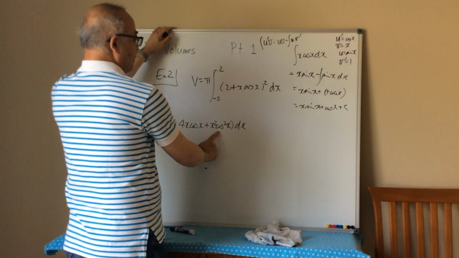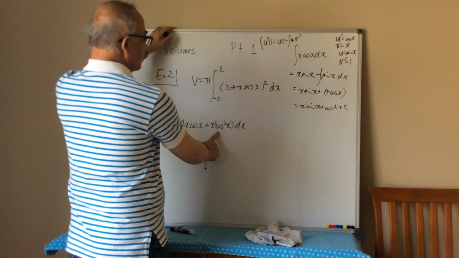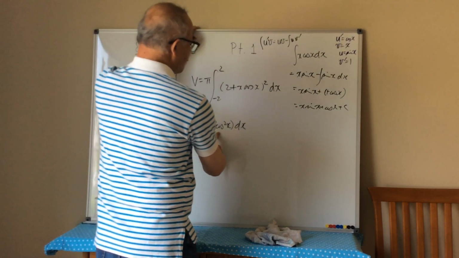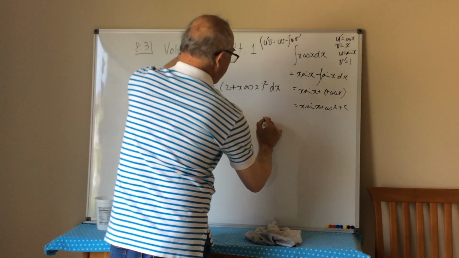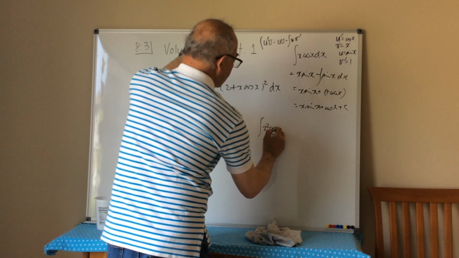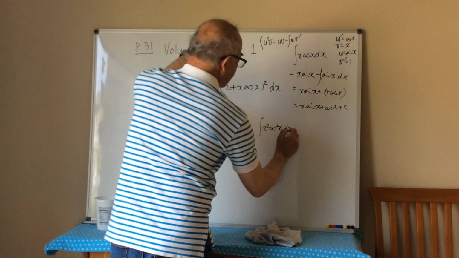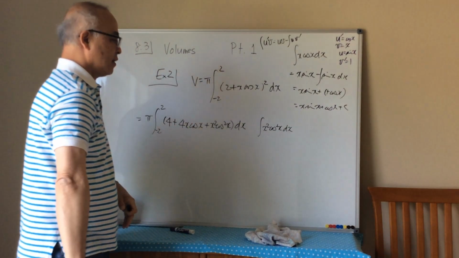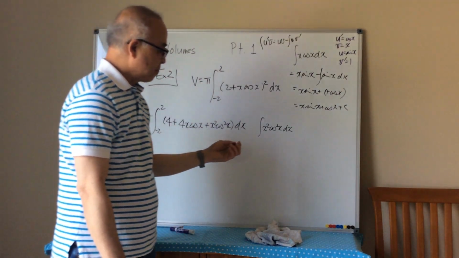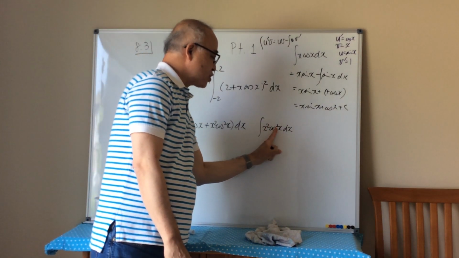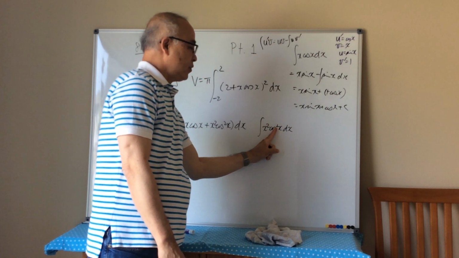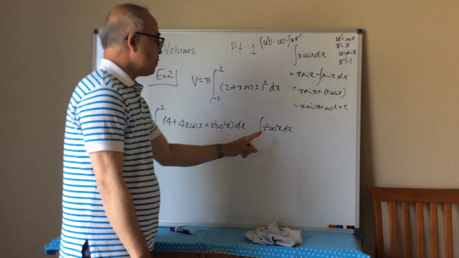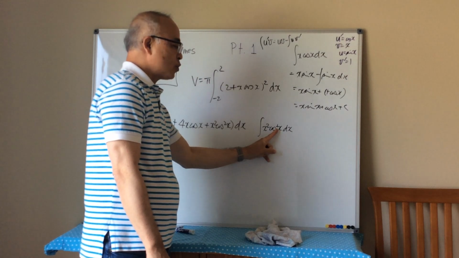How would you do this part? This part's a little tricky because you're going to have x squared cosine squared x dx, right? The problem is the squared term here. So you want to make this into a non-squared term.